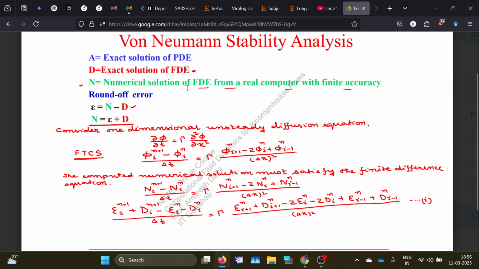Now, since real computers have a finite accuracy, we truncate at, let's say, 16 terms or 64 terms. That truncation is not coming here. That truncation is the difference between the exact solution and d.